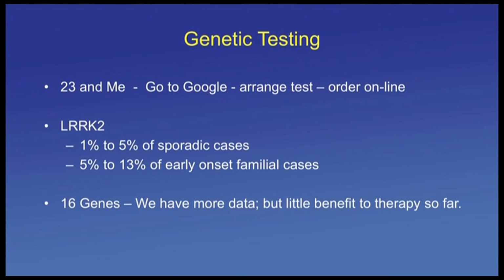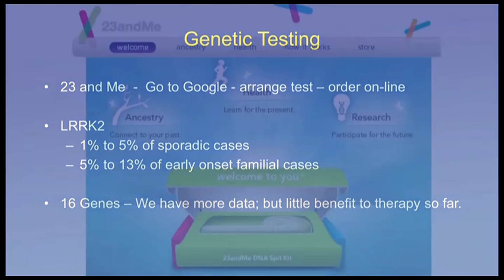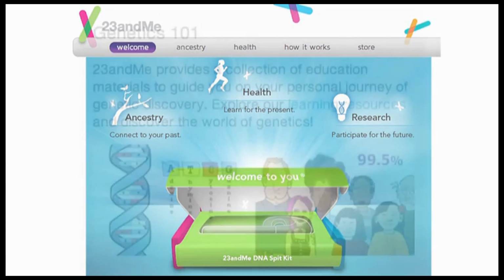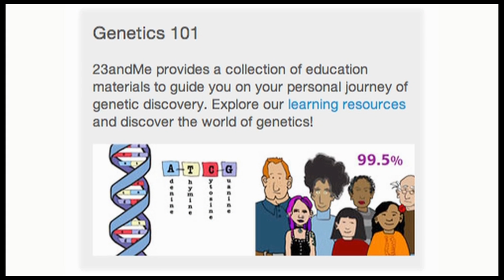Now today, we can get some genetic testing for Parkinson patients through a program called 23andMe. You can Google that, 23andMe, and find out how to do it. You give a saliva sample in a tube and you send it off. The company Google has done significant benefit here of helping pay for this program.